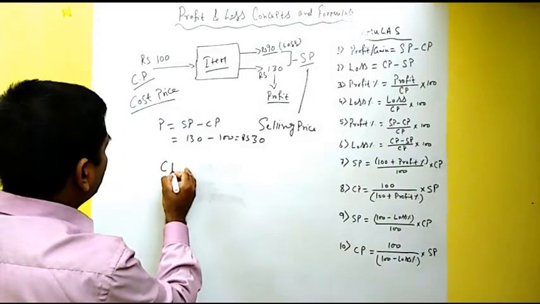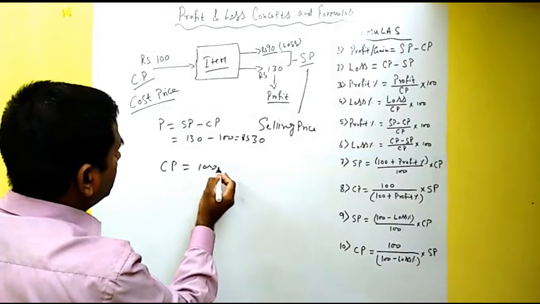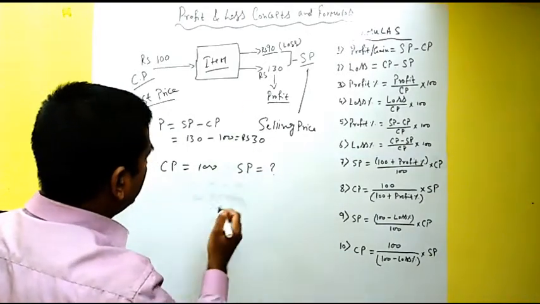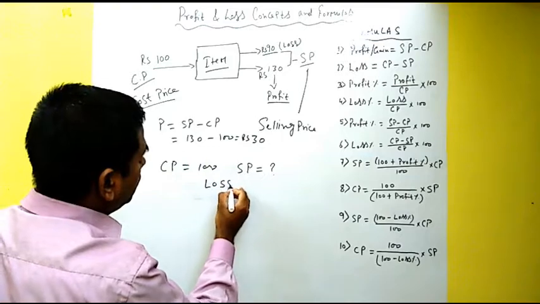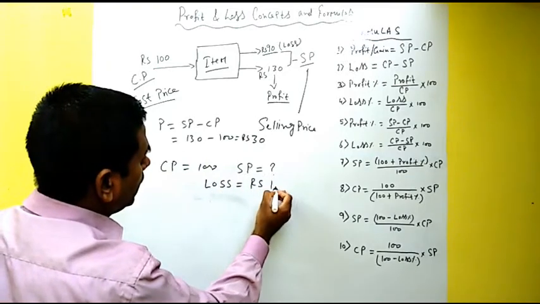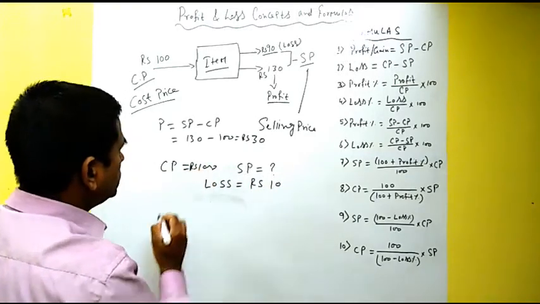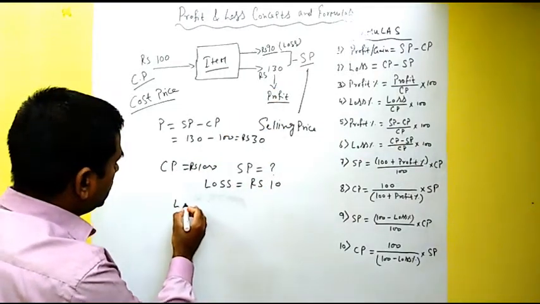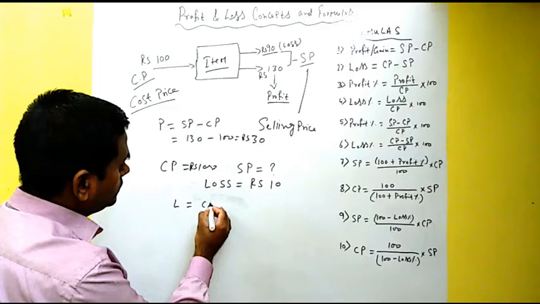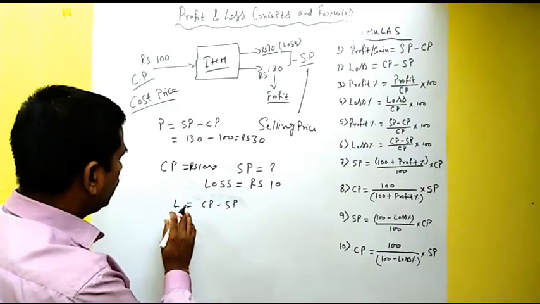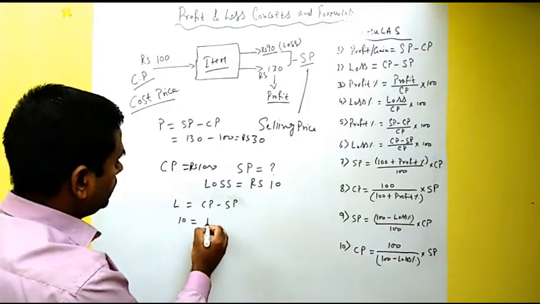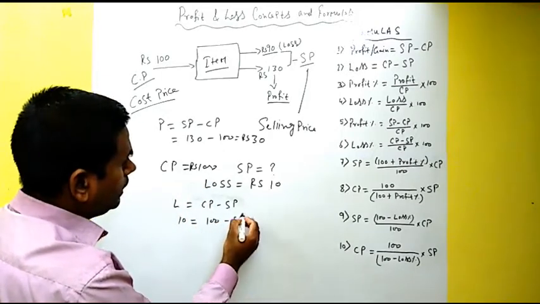Suppose cost price is given as 100, and it is asking you to calculate selling price, and it says loss is rupees 10. So we can use the same formula wherein loss is equal to CP minus SP. So loss is 10, so we will write here 10, and CP is 100 minus SP.